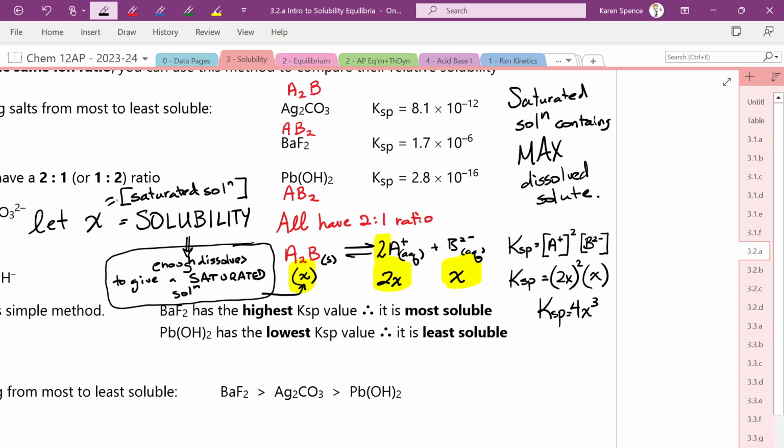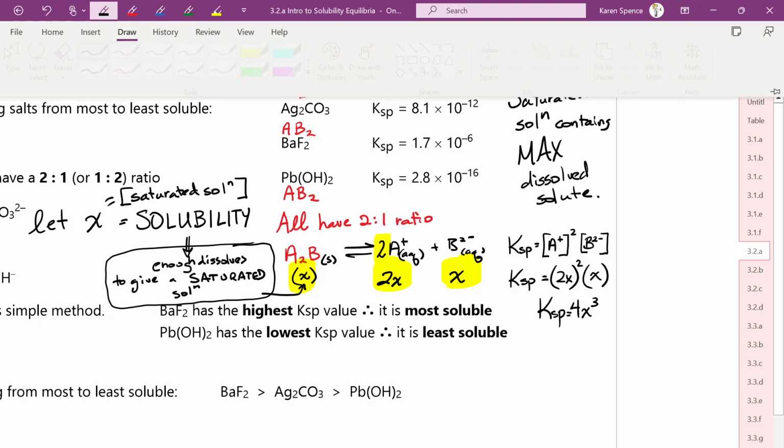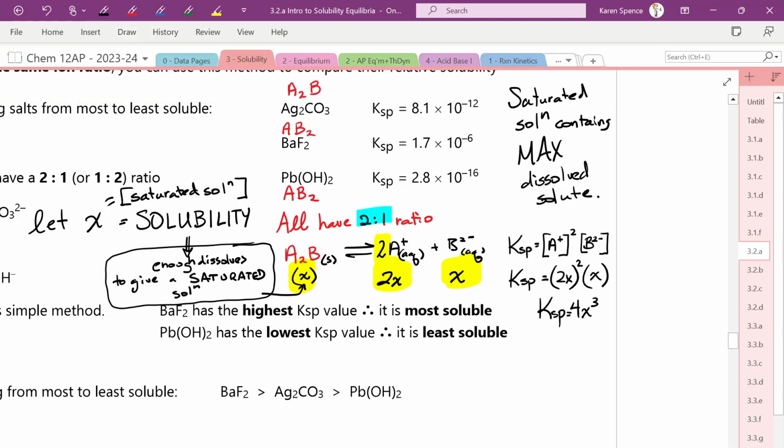So if X is the solubility for any salt which has a ratio of 2 to 1, we're going to end up with 2X and X, or it could be the other way, X and 2X, yes?